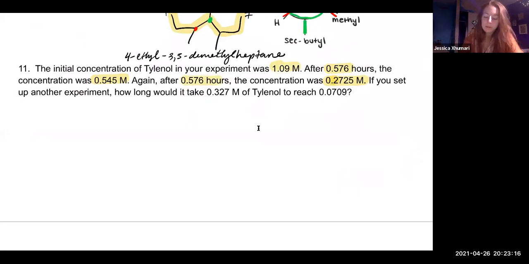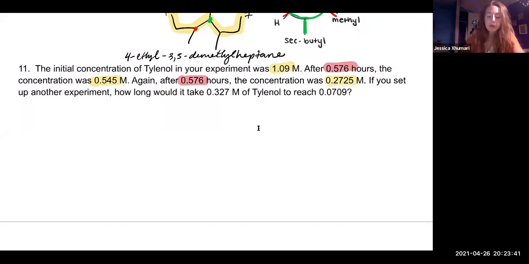So basically, you start out with 1.9. It decreases by half in 0.576 hours. In another 5.567 hours, it decreases by half again. So we know that's the half-life and it's not changing.